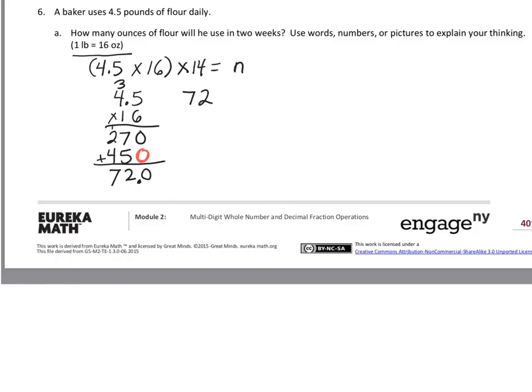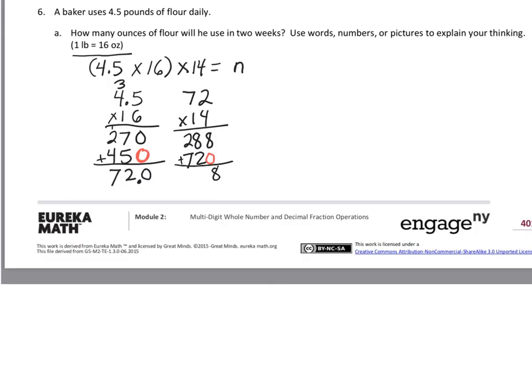72 times 14. Let's go ahead and do that. 4 times 2 is 8. 4 times 7 is 28. 1 times 2, oh, wait a minute, that's not a 1. That's a 10, so I need to add a 0. Now 1 times 2 is 2. 1 times 7 is 7, and we add up the partial products, and we have 8.